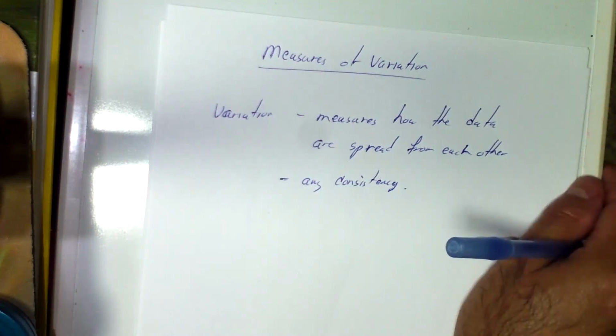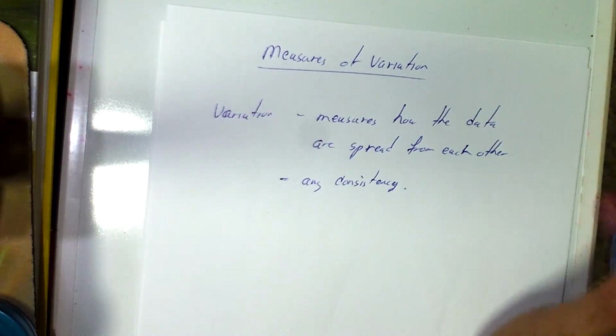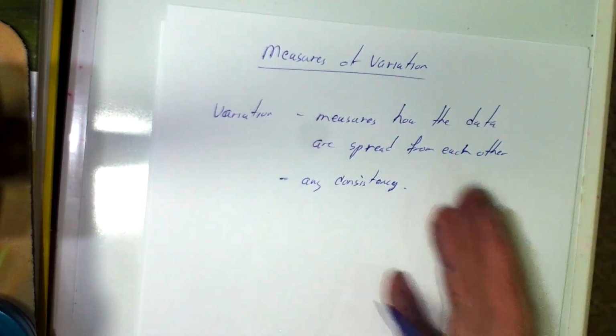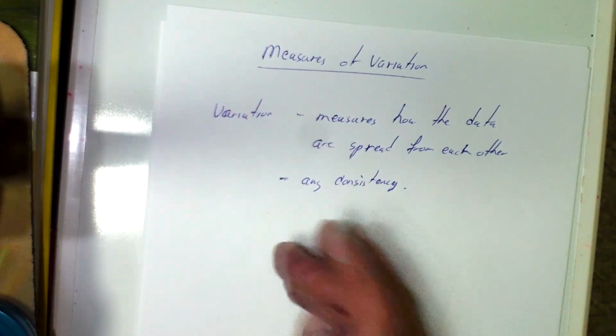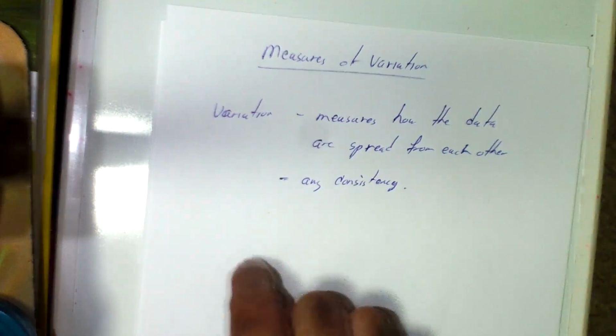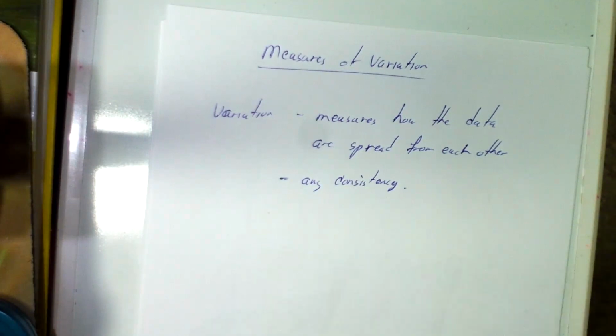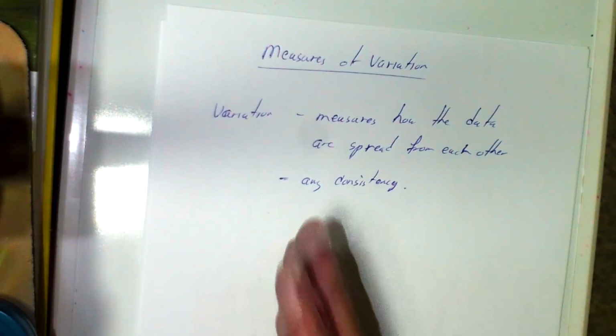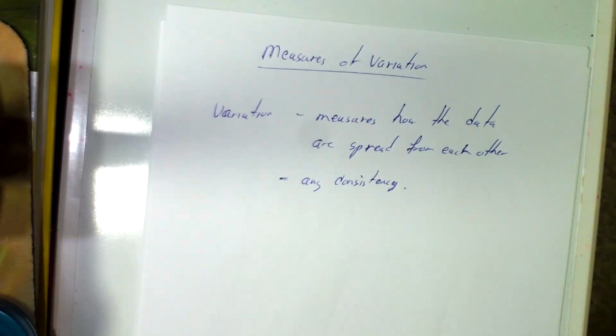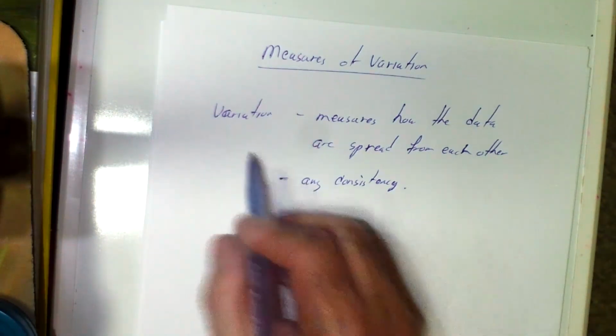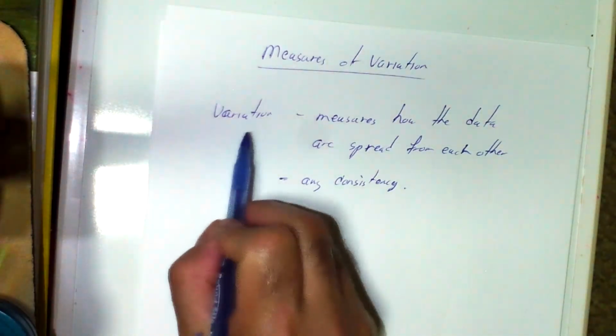There has to be some consistency among those side effects. If there's 5 of them, then every time they test it on subjects, there's a consistency of all 5s among the side effects, 5 at most or less. So you want that consistency. That's what variation measures.